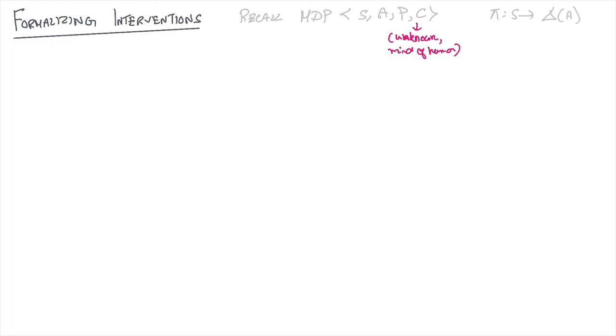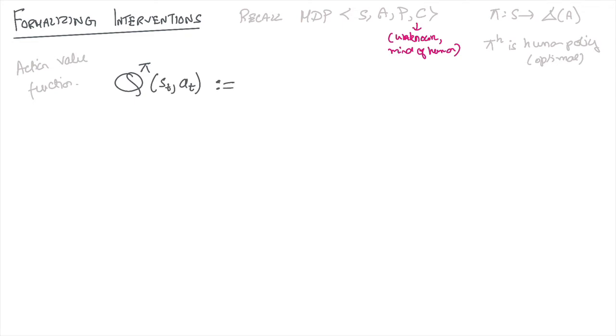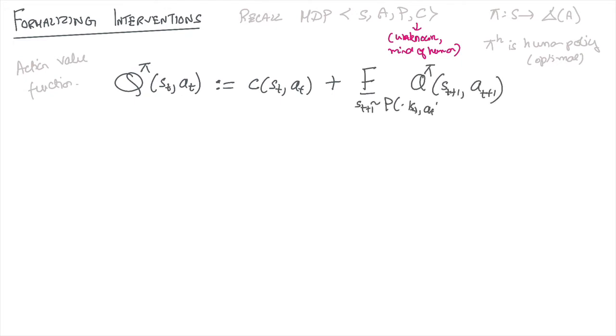A policy pi is a mapping from states to distribution over actions, and policy pi h is the human policy that is optimal. You can also define the action value function of a policy. So Q pi of s, a is equal to c of s, a, this is the one-step cost of executing action a at state s, plus the value of executing pi from the next state onwards.